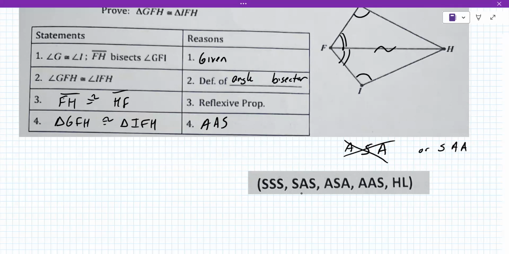It's the one weird one. The other ones are kind of clear, like SAS is kind of clear. It's like a side angle side. All right. Any thoughts on that for me with 31?